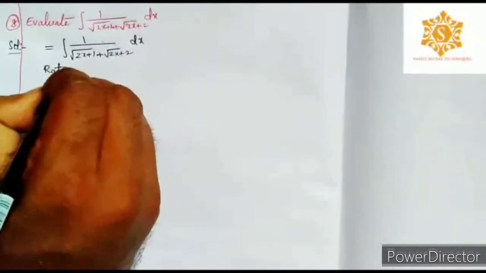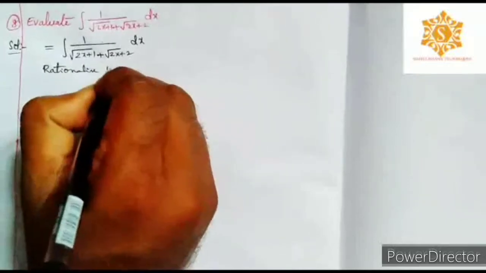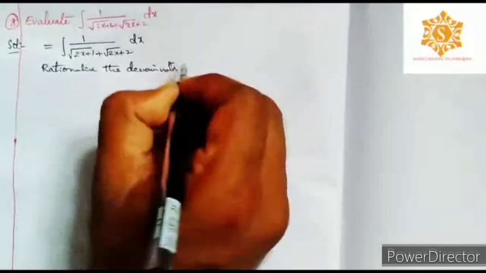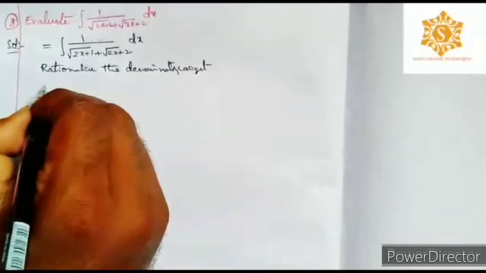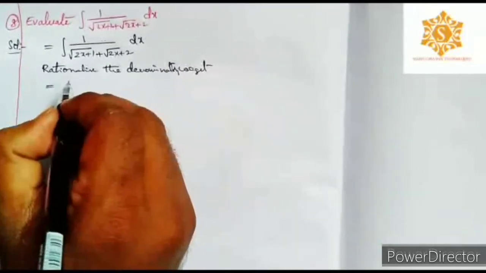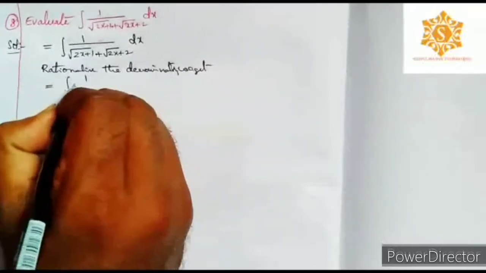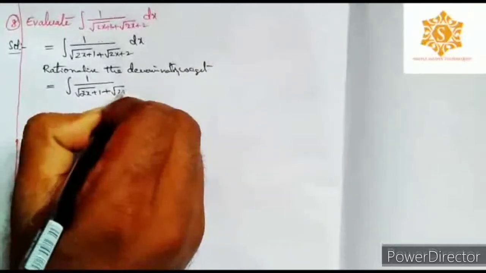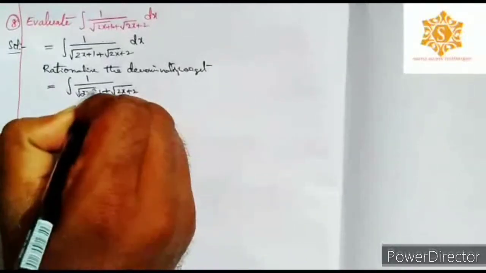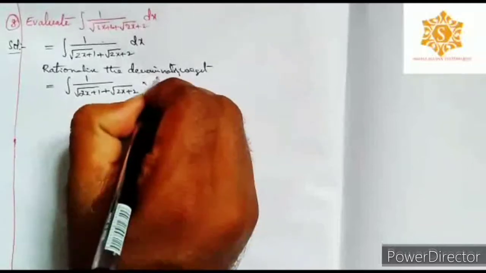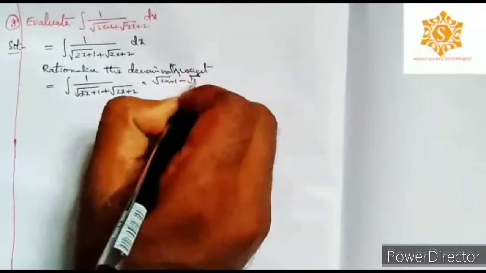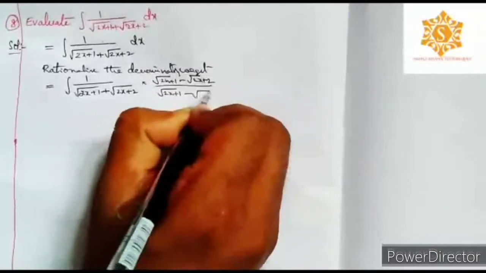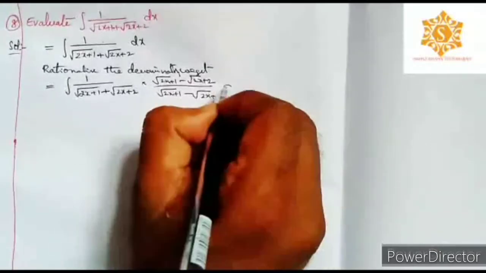Here, rationalize the denominator. We get, so here to rationalize the denominator we multiply the numerator and denominator by square root of (2x+1) minus square root of (2x+2), by square root of (2x+1) minus square root of (2x+2), into dx.